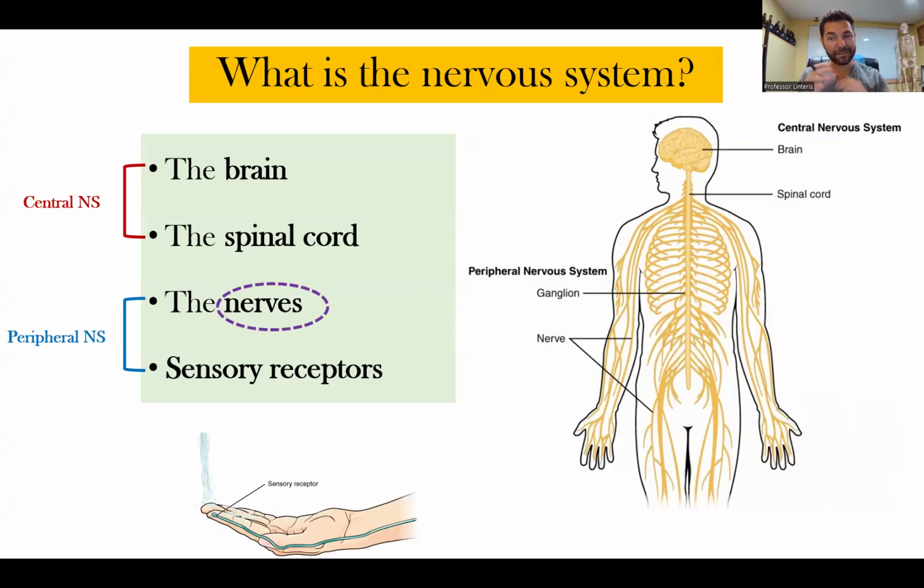Nerves, and this is an important part. Nerves are large structures that we saw in the PNS, but they are made of the base cell unit of the nervous system called a neuron.